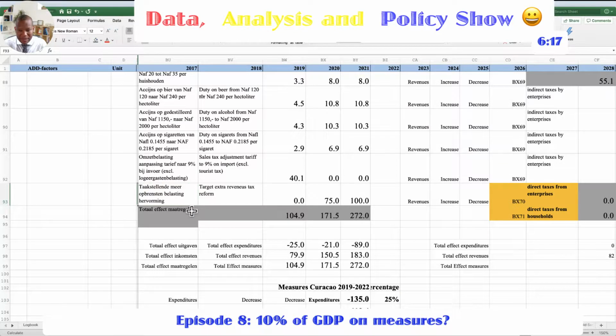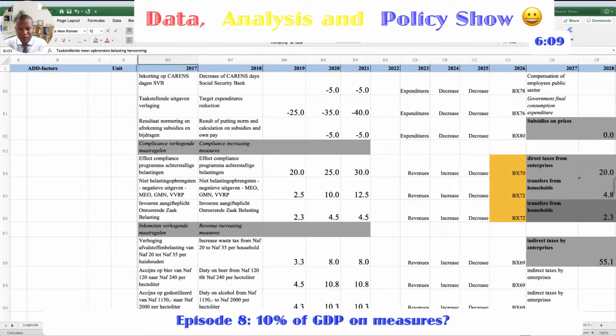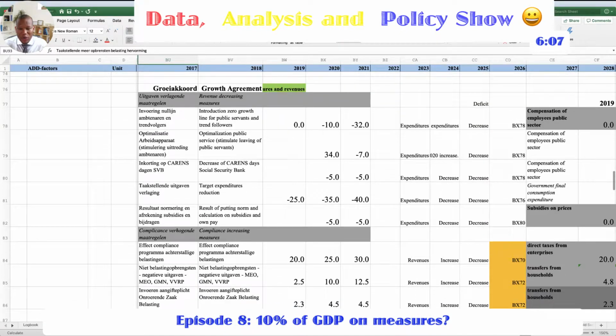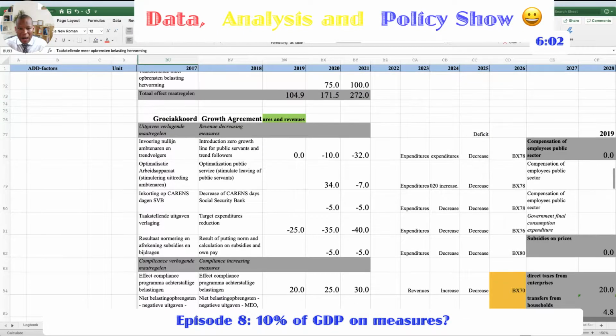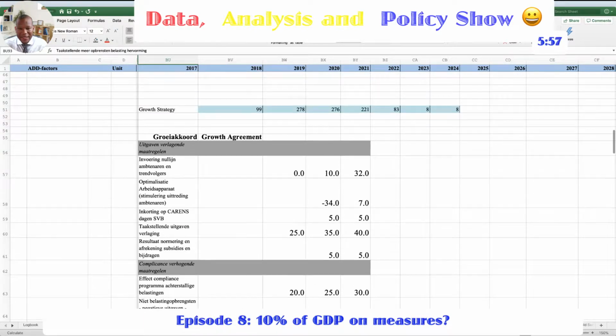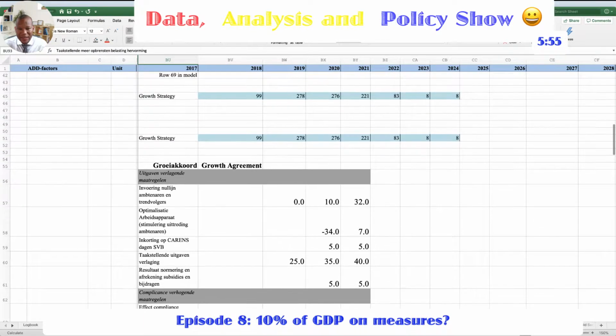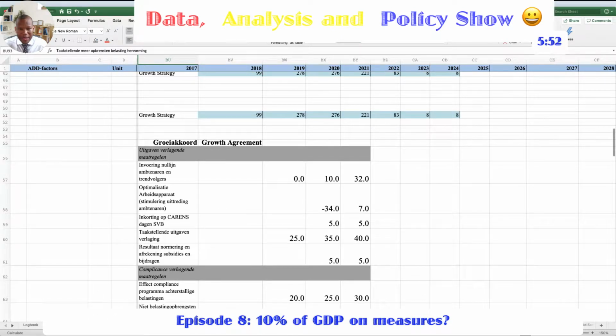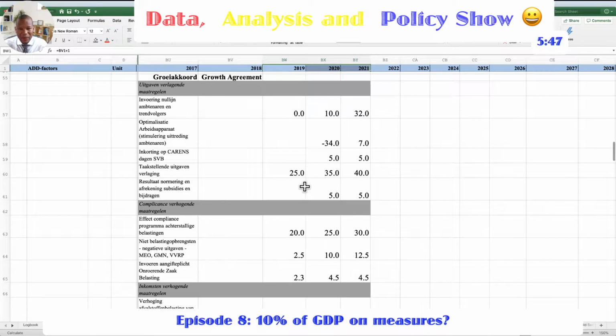I'm going to show you my sheet, and this sheet is about the growth agreement, and the growth agreement is from 2019 till 2021. So those are the measures of the growth agreement, and those are all kinds of measures.